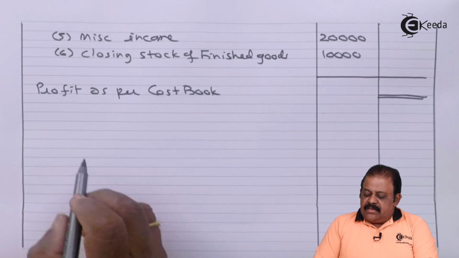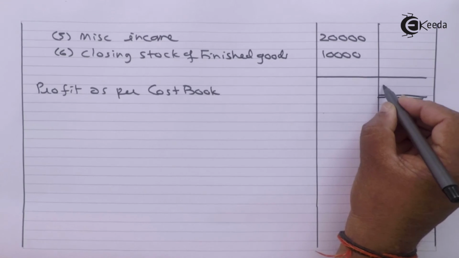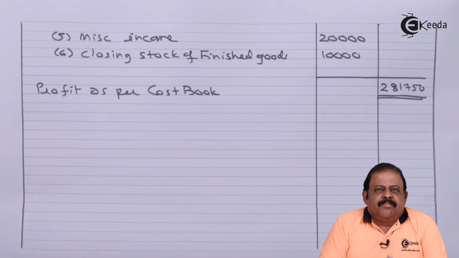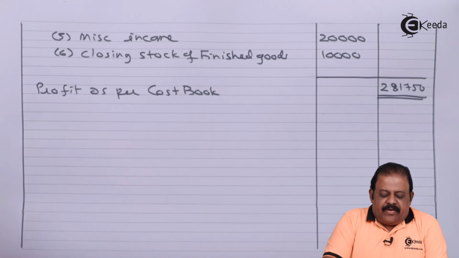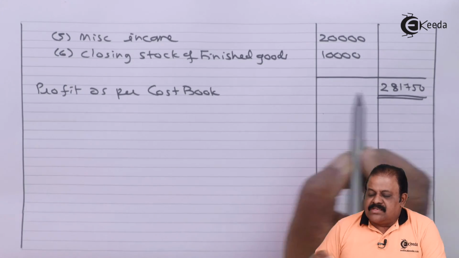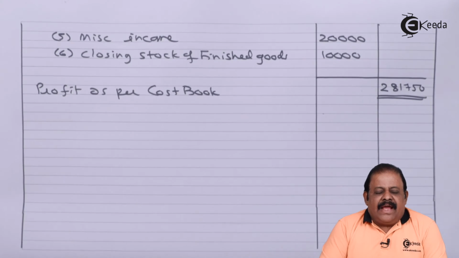Finally, we should arrive at profit as per cost book. After adding plus items and deducting negative items, we have arrived at profit as per cost book, 2,81,750.